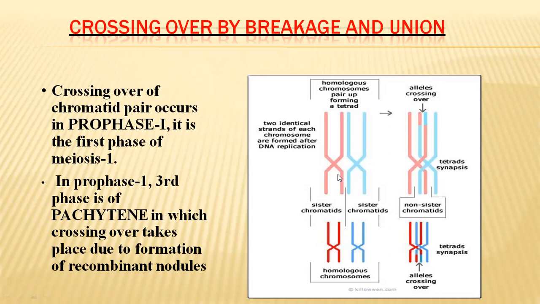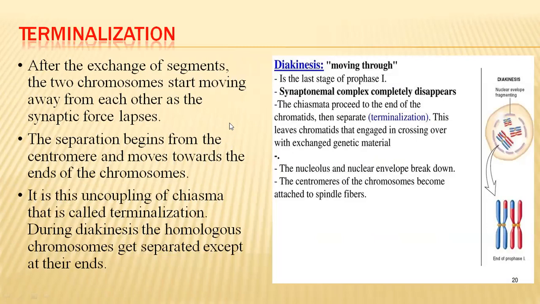The breakage is done with the help of endonuclease enzymes, and attachment to the non-sister chromatid is done with the help of ligase enzyme. This process usually takes place in the pachytene stage. The breaking of chromatid parts and attaching to the non-sister chromatids is called crossing over. After this exchange of chromatid materials is finished, crossing over is finished.